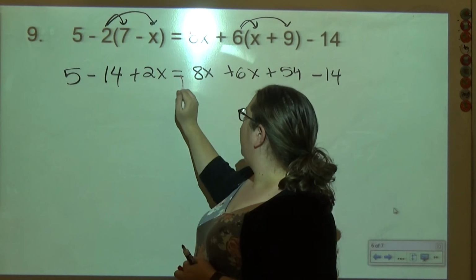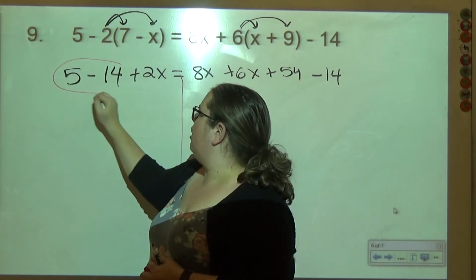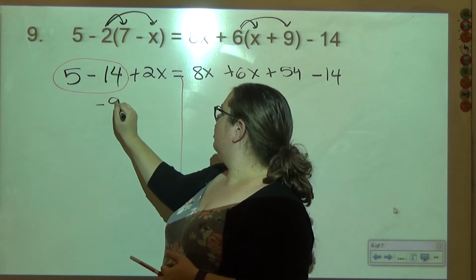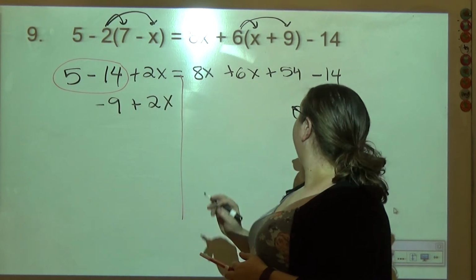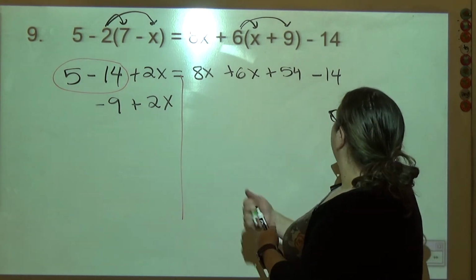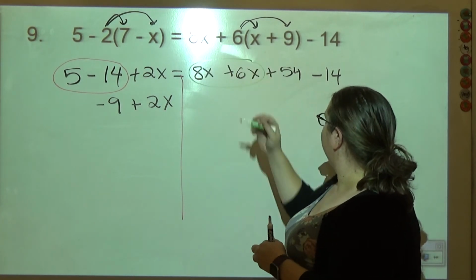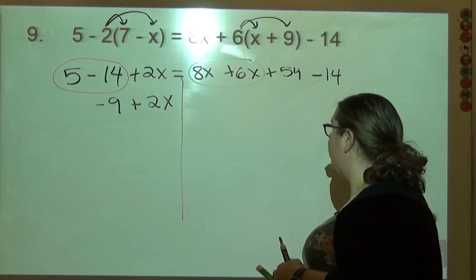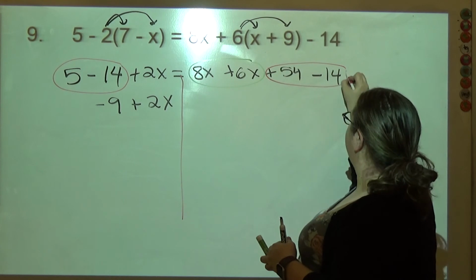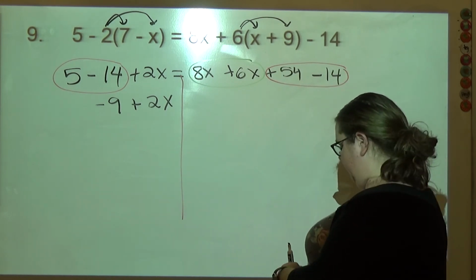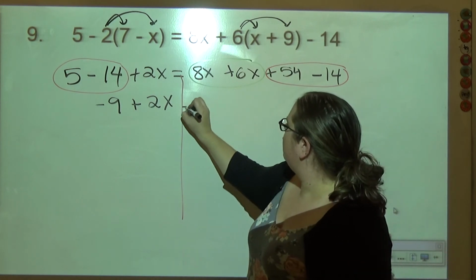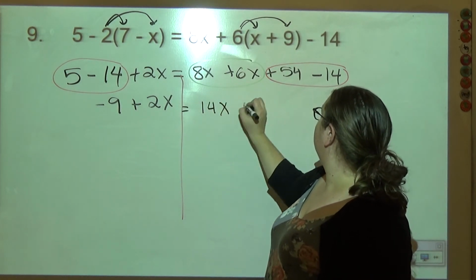On the left side, we have our negative 9. On the right side, my x's go together and my 54 and 14 go together. Let's see, you got 14x plus 40.